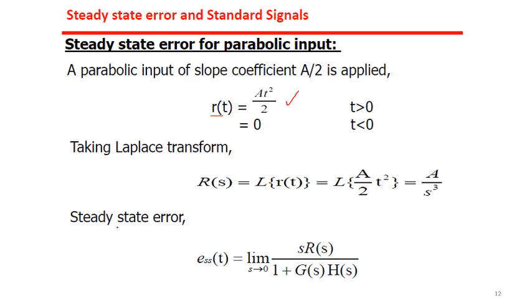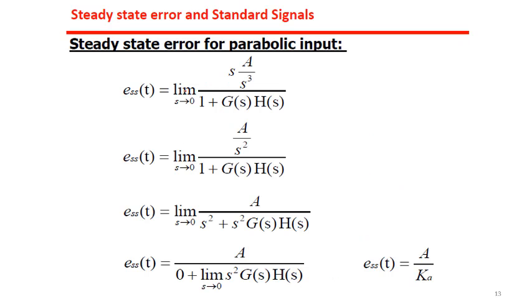And we already know that steady state error ESS for a function of t is equal to limit as s tends to 0 of s into R of s divided by 1 plus G of s into H of s. Replacing R of s by A divided by s cube, we get here ESS for a function of t is equal to limit as s tends to 0 of s in the numerator, s into A divided by s cube, whole divided by 1 plus G of s into H of s.